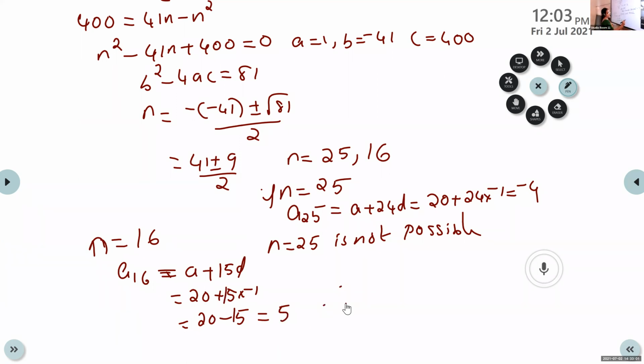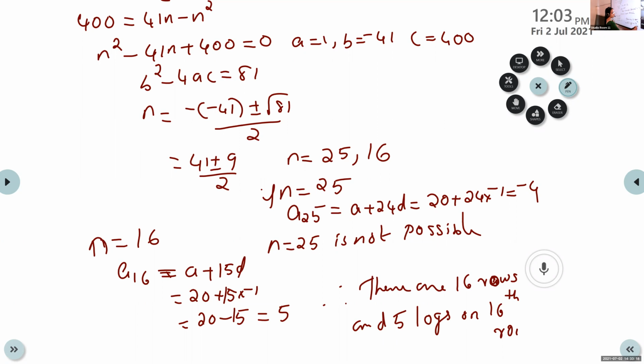Therefore, there are 16 rows, 16 rows and 5 logs on the 16th row. This is the answer. Those who tried can understand easily. Others, I don't know whether you have got it or not.